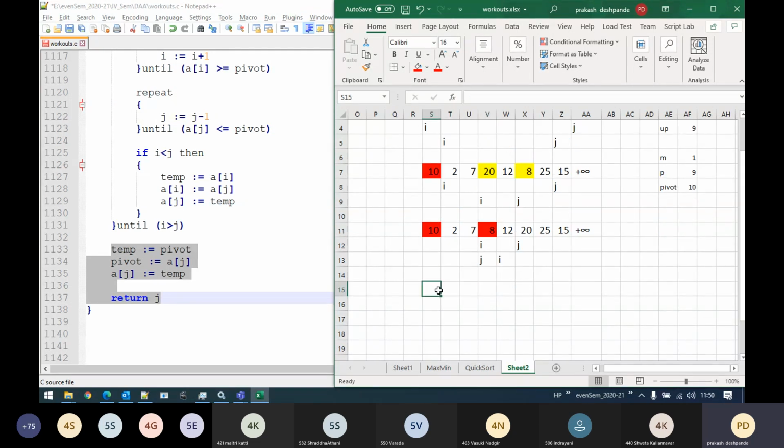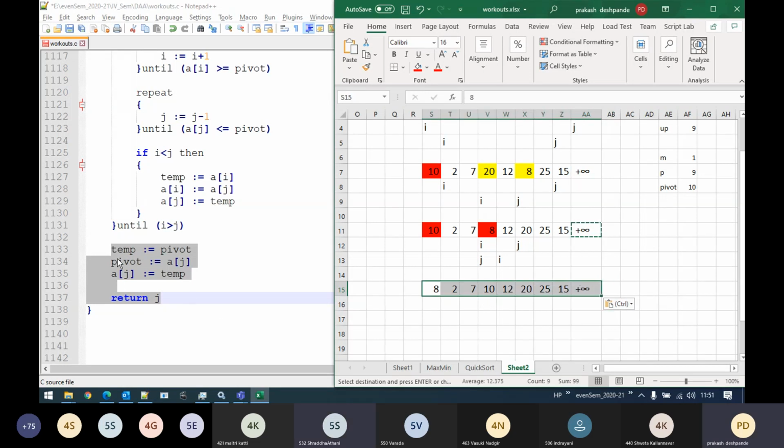After swapping, we get the elements as 8, 2, 7, 10, 12, 20, 25, and 50. And the last element is plus infinity. Is that correct?